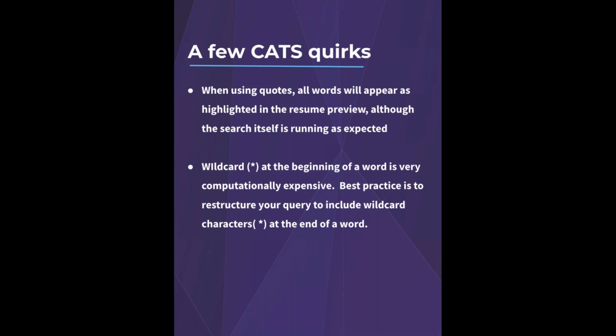So from a processing standpoint, a computationally expensive standpoint is the phrase I was given, it's a lot tougher, and it's going to take you a lot longer, and it's just not best practice in general to start a wildcard search with that asterisk. Best practice is, let's try to restructure it. Let's find a little bit of what you're looking for, and then throw in the wildcard afterward. Hope that makes sense.